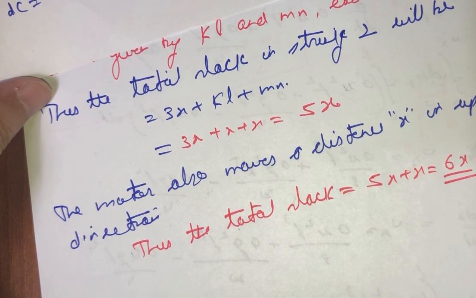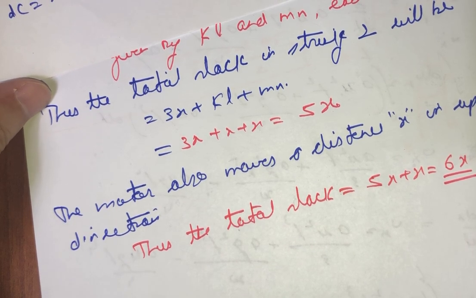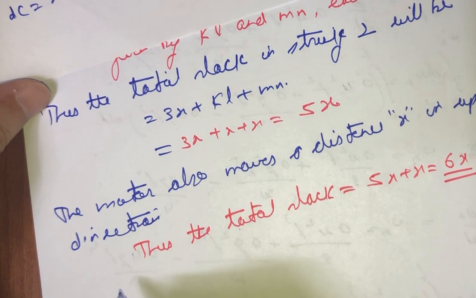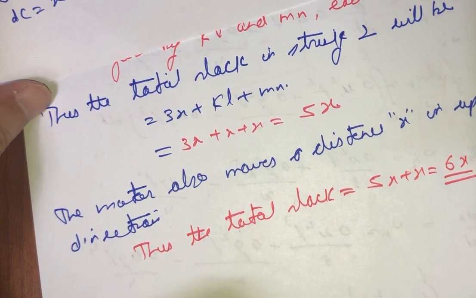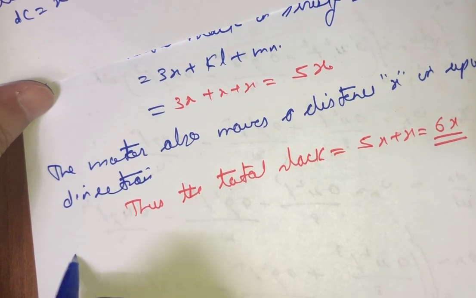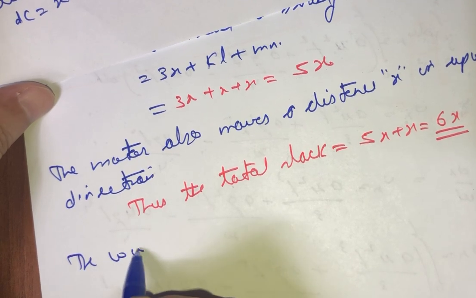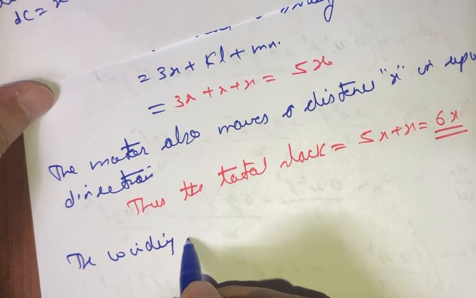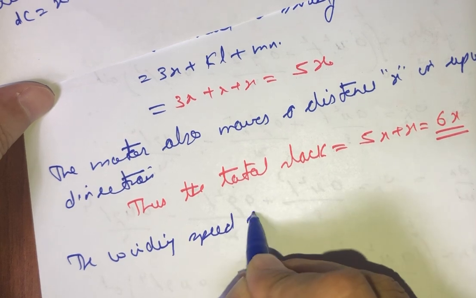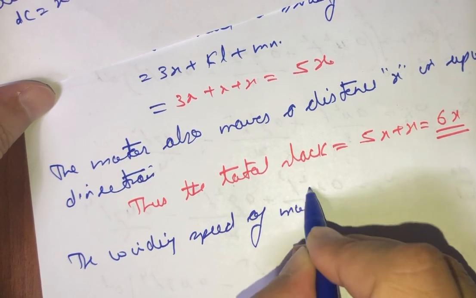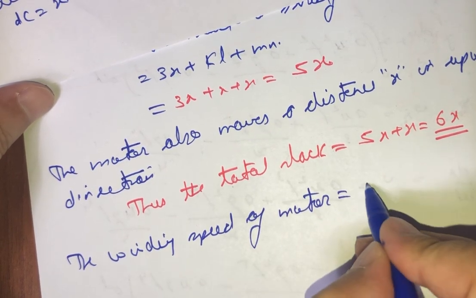Now it is given that the winding speed of the motor is equal to v.